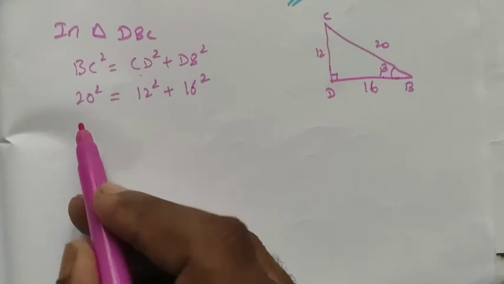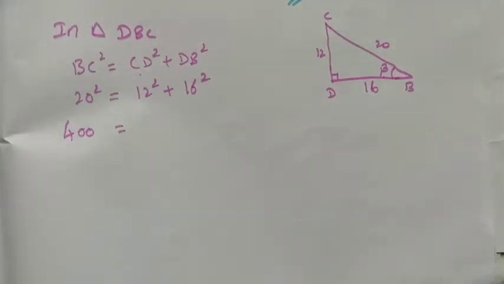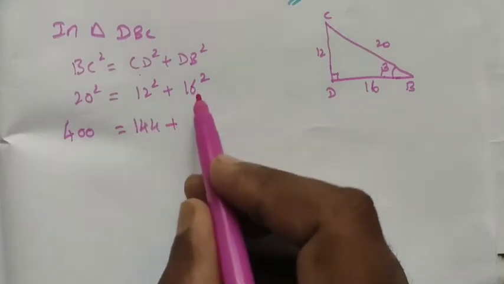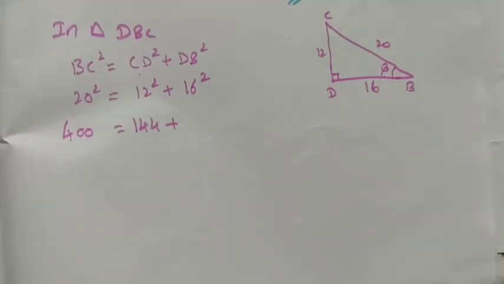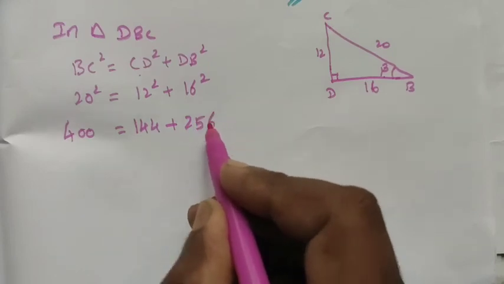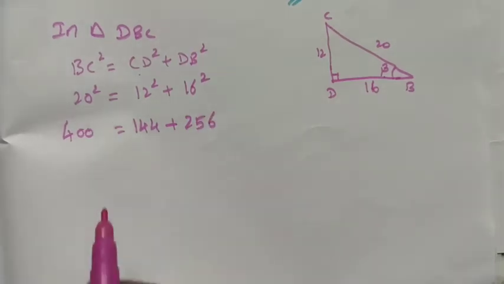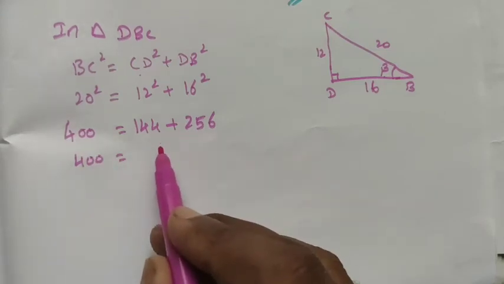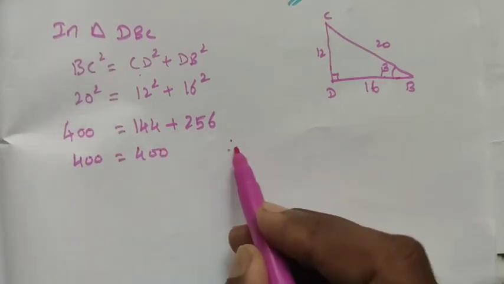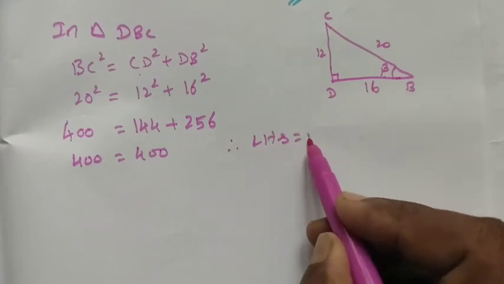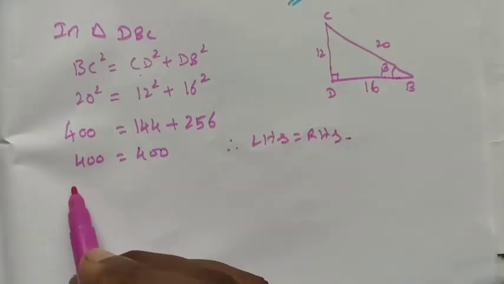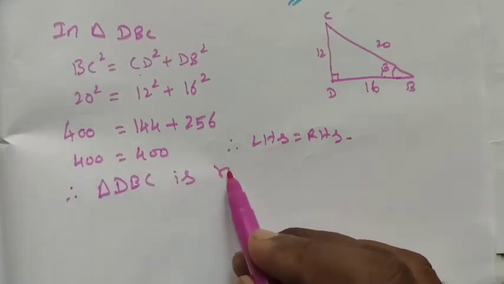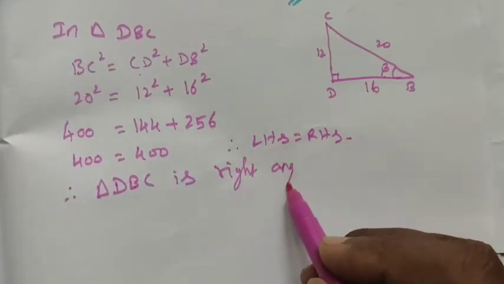Now 20 into 20 is 400. 12 into 12 is 144 plus 16 into 16, which is 256. Now add these two terms, the sum is 400. Therefore LHS is equal to RHS, so the triangle DBC is a right angled triangle.